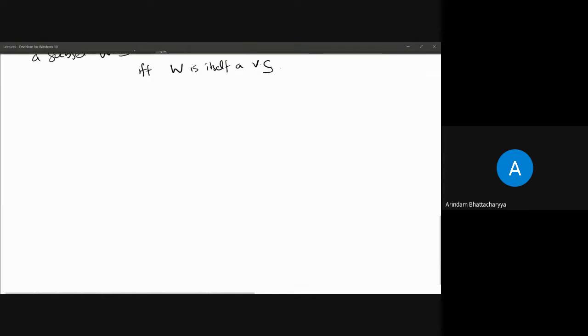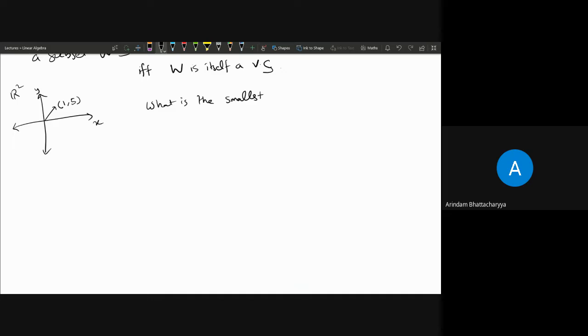Suppose I have R2 and a vector, let's say this vector (1, 5). What is the smallest vector space, I'll call this V, that contains V?